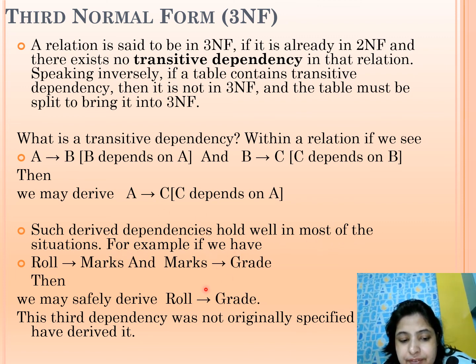For example, if we have marks depend on role and grades depend on marks, then we may safely derive that grade depends on role. This third dependency was not originally specified and we have derived it, right? So if there is no transitive dependency in the table or relation, then it is in third normal form. Thank you. I hope you understand, right?